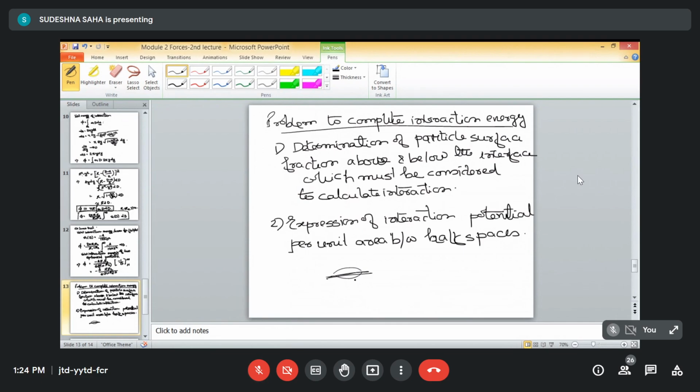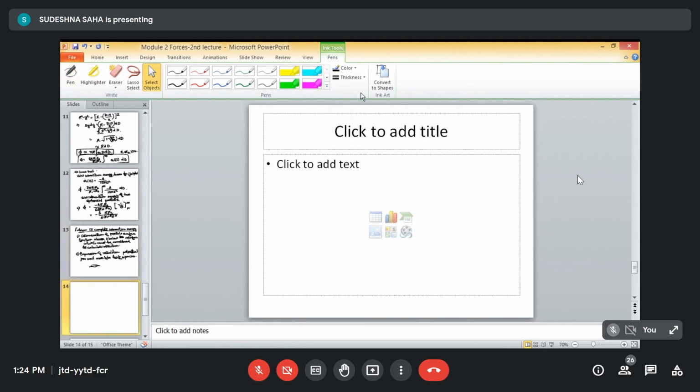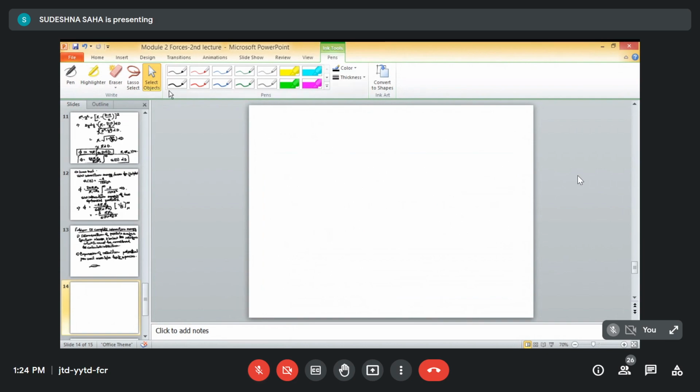Next, we have talked about the Van der Waals forces, and the only thing left from our discussion is the acid-base component. So we will talk about that over here, and then we will move to the electrostatic forces. This is basically the last part of the forces between macroscopic bodies, or forces between particles.